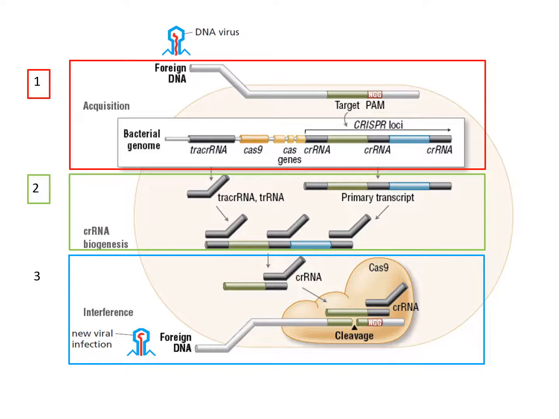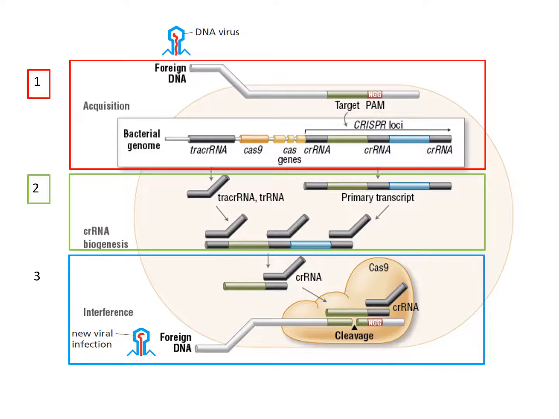You will also hear the term processing, because what has to happen next is this whole extended loci that is now hybridized with tracrRNA must be cleaved into individual segments.